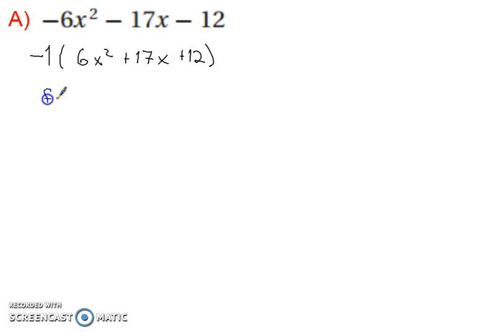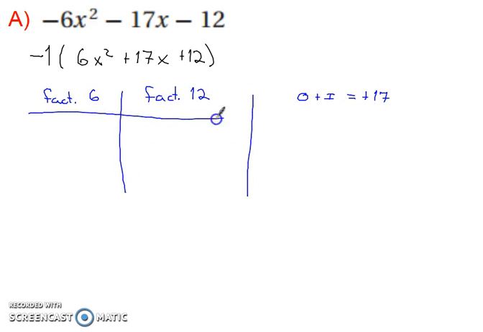So you want your factors of 6, you want factors of 12, and then you want your outer plus your inner to equal a positive 17. So see if you can come up with this part on your own.